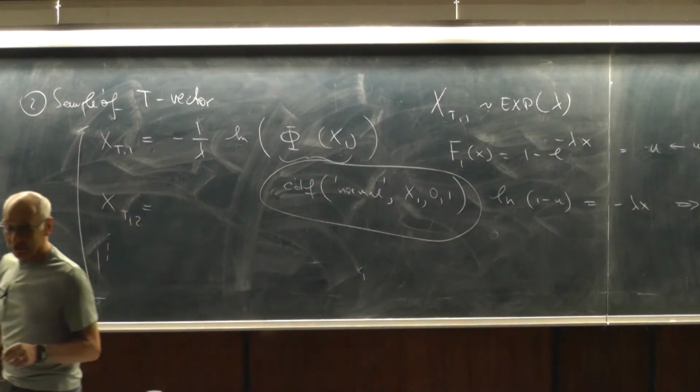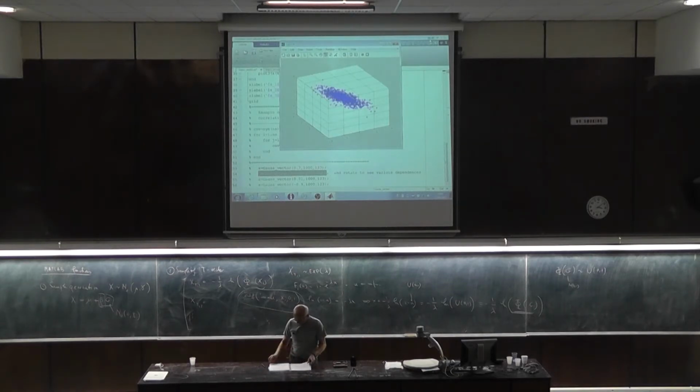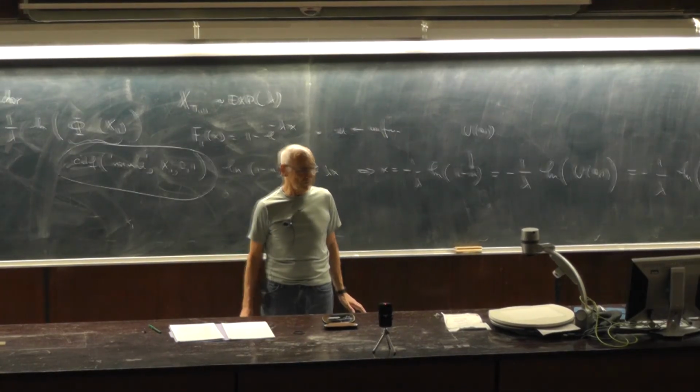This is exactly how I'm doing it, because I already generated the Gaussian samples, which are there on the board. So this is given by MATLAB. Otherwise, it would be a pain to do it. That's a CDF. And MATLAB also has another function, ICDF, which inverts the distribution. And you have to put the name and all the parameters. Any other question on this code?